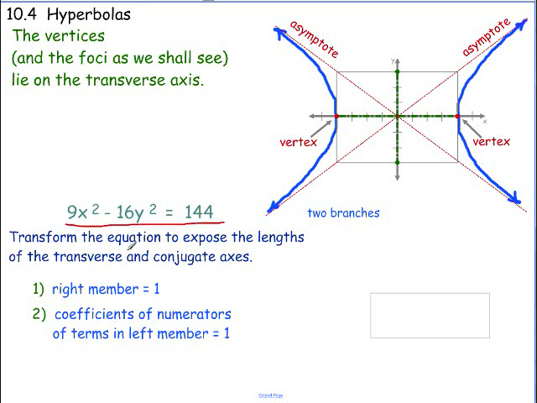They're a long ways from that right now. So let's work on it for a minute. If I want this to equal 1, I've got 144. Let's write out the equation up here. If that's going to equal 1, I've got to divide everything by 144.